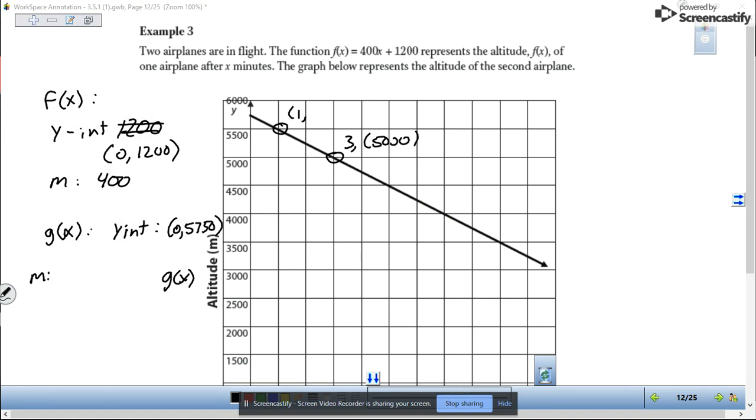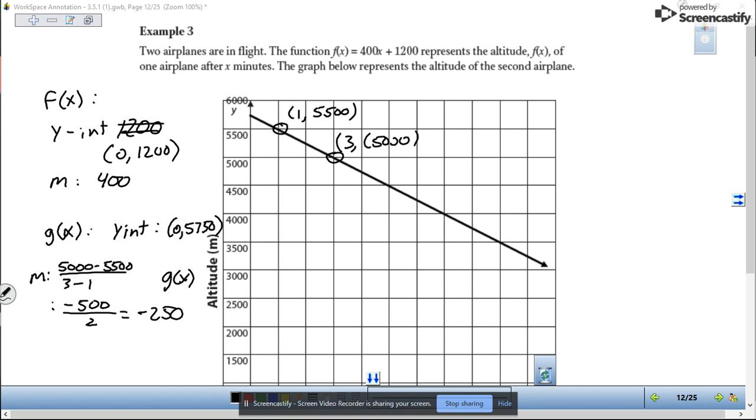And here was (1, 5,500). All right, so we're going to do 5,000 minus 5,500 over 3 minus 1. So we end up with negative 500 over 2, which is negative 250.